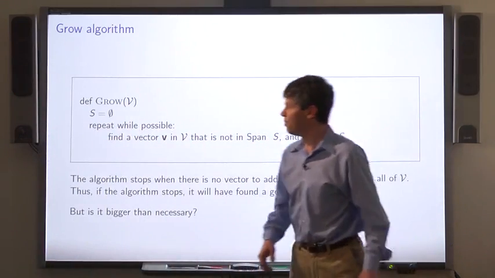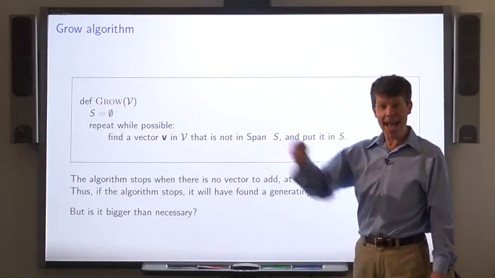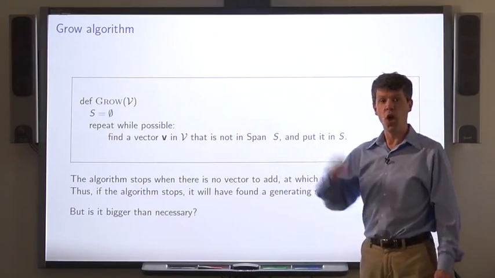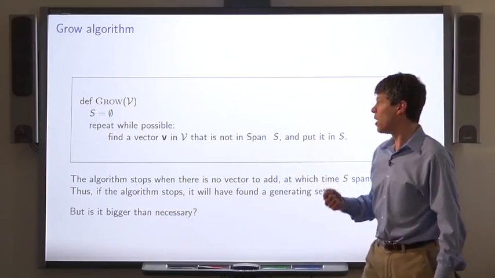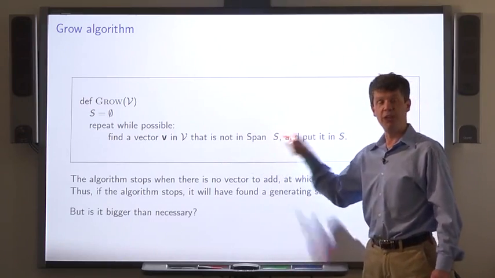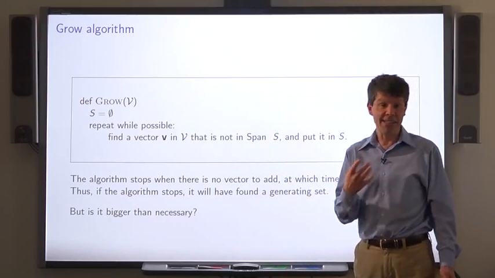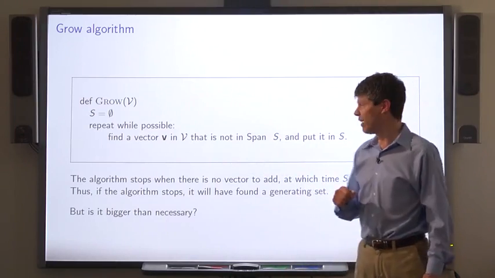Given a vector space, initialize your set to the empty set and repeat as long as it's possible. Choose a vector in the vector space that's not already spanned by the vectors in S and add that vector to S. Repeat that until there are no longer any vectors in the vector space that are outside the span of S. At that point, you've got a set S that spans the given vector space.